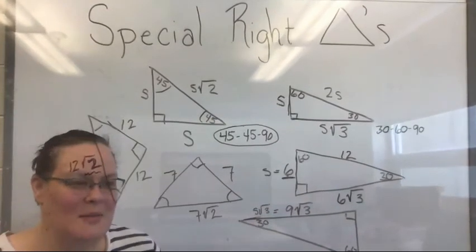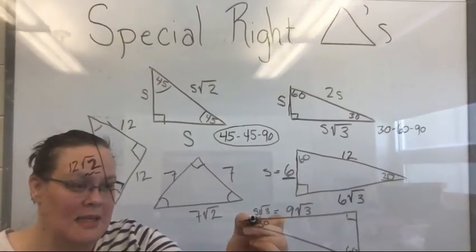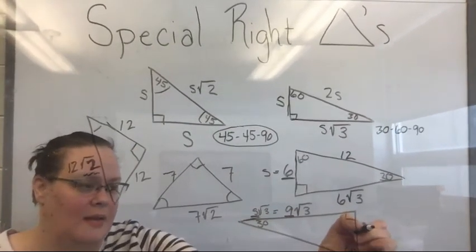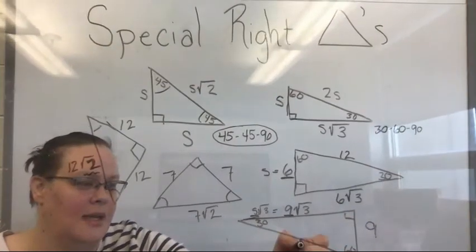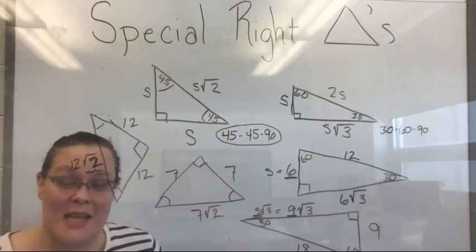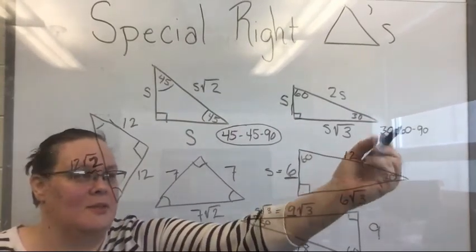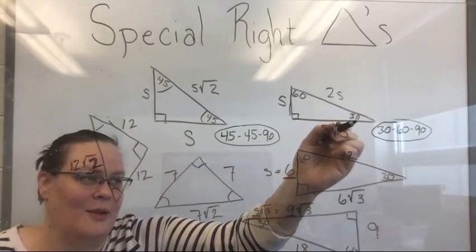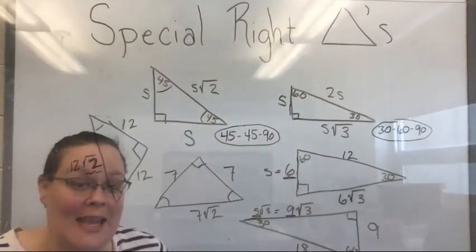And because they basically match, we can then see that S is 9. And so we're going to use that to fill in our other sides. So here's a 9 and here's an 18, right? And we can find the other sides. Again, this one is called a 30, 60, 90 because the angles are 30 degrees, 60 degrees, and 90 degrees.